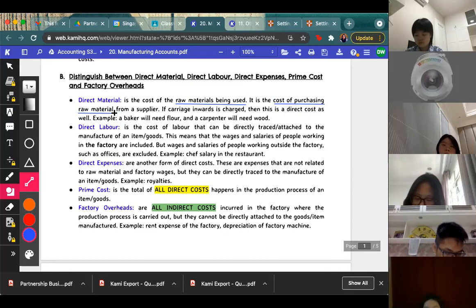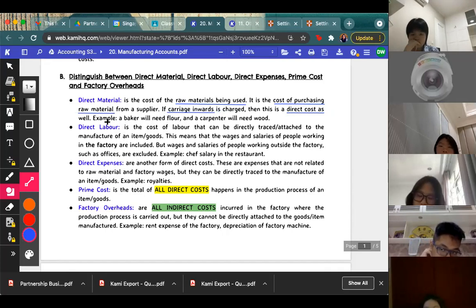So the raw materials cost of purchase is direct material. If carriage inwards is charged, then this is a direct cost as well. If there is carriage inwards, this will be considered inside the direct cost for material as well.